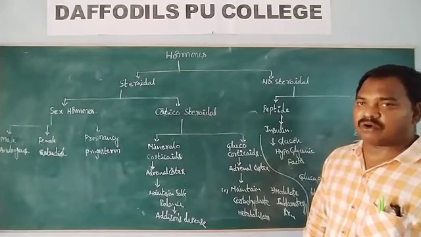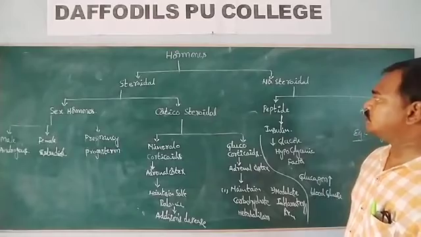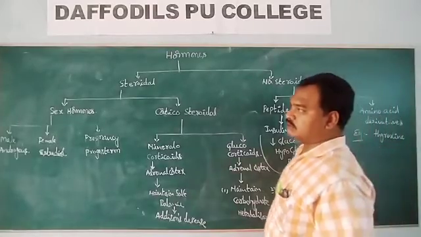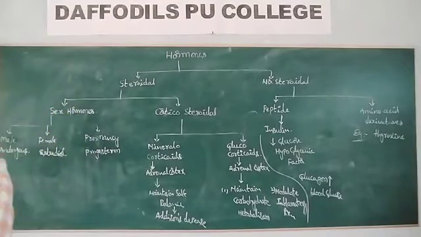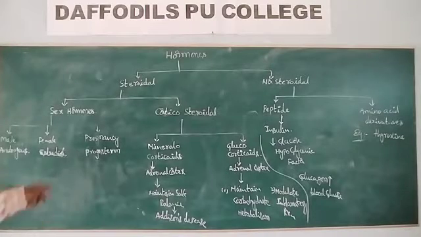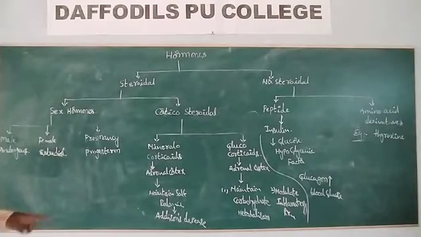These hormones are broadly divided into two types: steroidal hormones and non-steroidal hormones. Steroidal hormones are of two types: sexual hormones and corticosteroids. Sexual hormones are of three types: male sexual hormones, female sexual hormones, and pregnancy hormones.